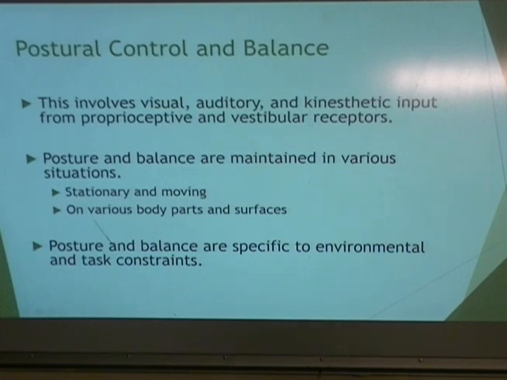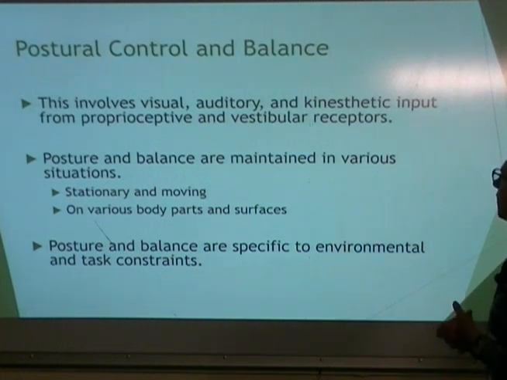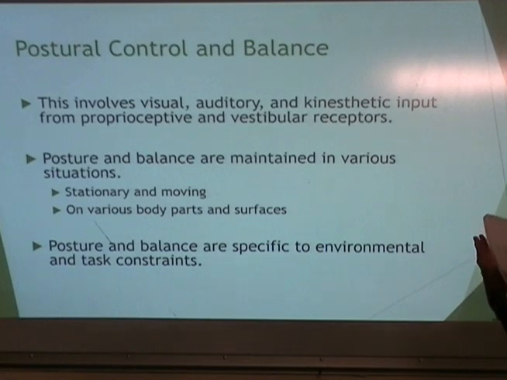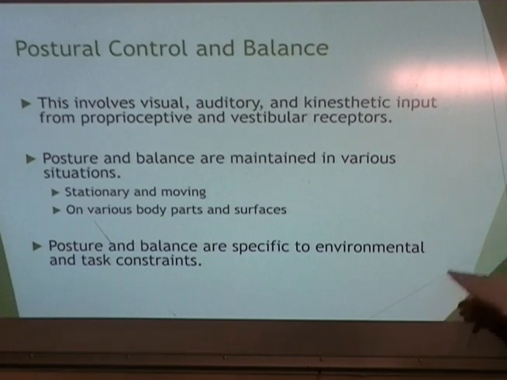Okay, so we were looking at the idea of perception action loops. And so now we're going to look at postural control, which involves a lot of sensory information that the brain uses to help keep us on balance. So we've got pressure receptors in the bottom of our feet, for example.